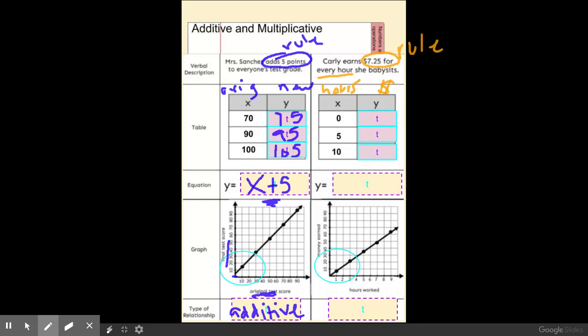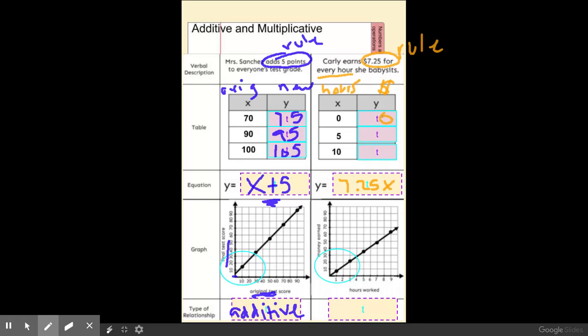So this time if she makes $7.25 for every hour, we're going to have to do 7.25 times x. So 7.25x. Then we're going to solve this. If Carly works 0 hours, is she going to make any money? No, it's going to be 0.